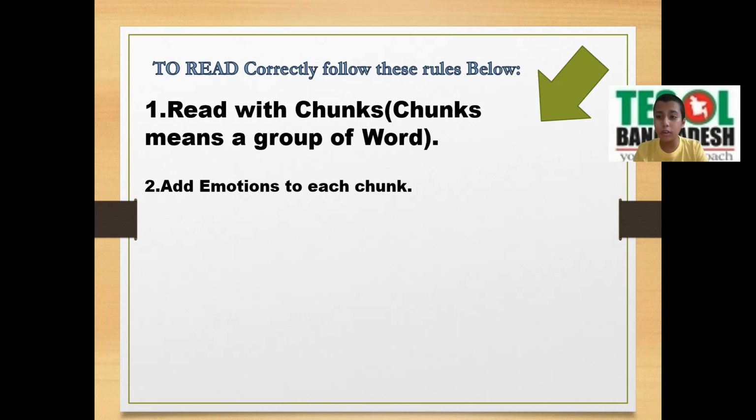But if you sound robotic, then it will not seem like any emotions are added to each chunk. It will feel like you're a robot or you're using artificial intelligence. It is robot type. But you need to do it naturally.